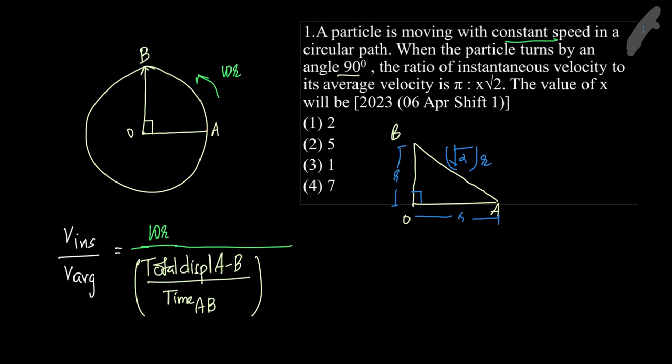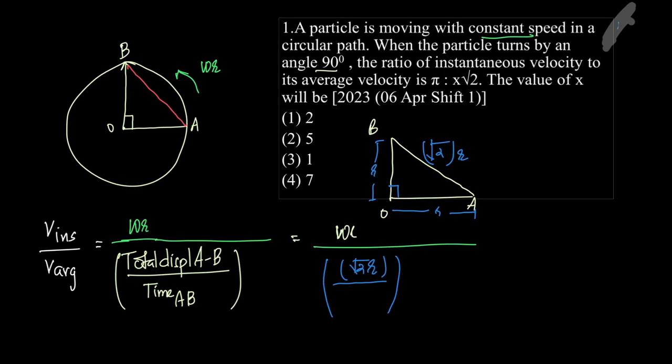AB here is the shortest distance, or in other words, AB is the displacement. So what we have here is omega r the whole upon, the displacement root 2 times r the whole upon time to cover AB.